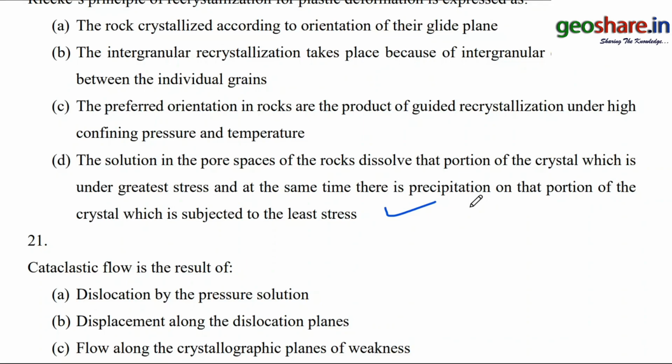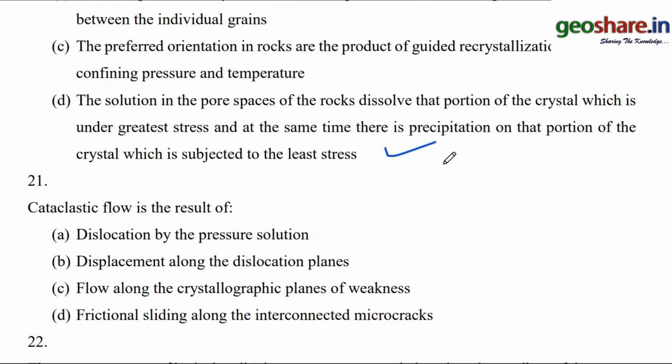At the same time, there is precipitation on the portion of the crystal which is subjected to the least stress.